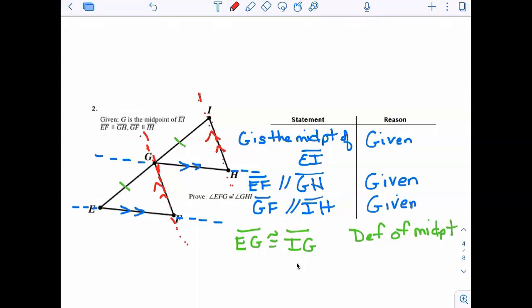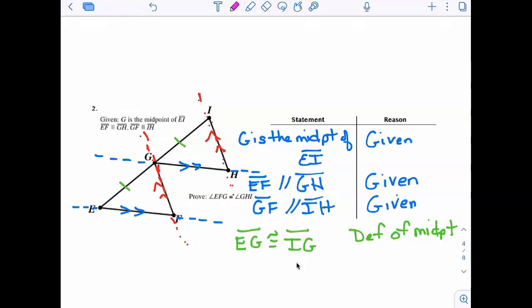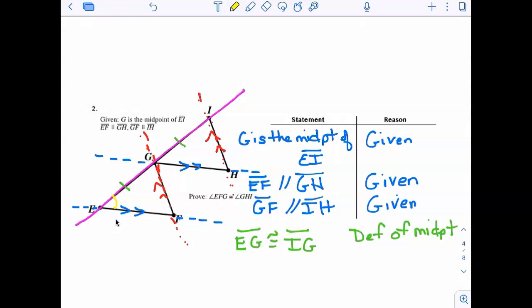Okay, so then I notice that we have corresponding angles, because here is our transversal that's cutting across my two blue lines here. So therefore I would have this angle and this angle, which would be corresponding.